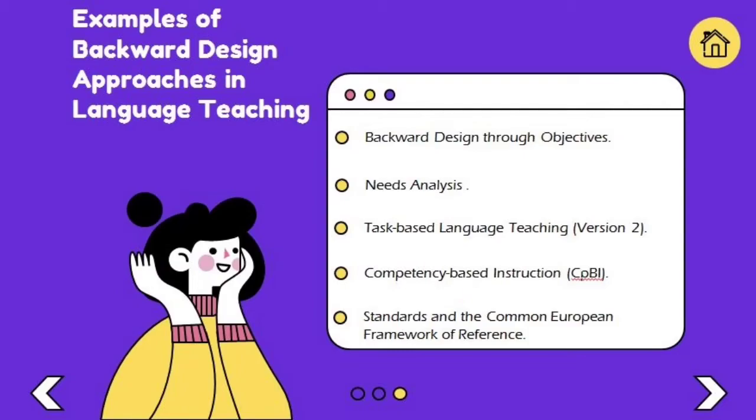And the last, standards and the Common European Framework of Reference. A related approach to backward design is standards-based teaching, also known as working backwards from a skill or profile of target competence. Standards describe the outcomes students are expected to achieve in various domains of the curriculum content, including language learning, and are generally specified in general terms.